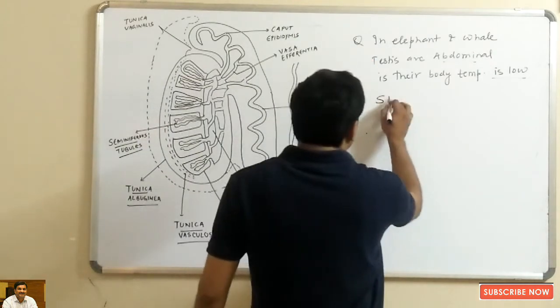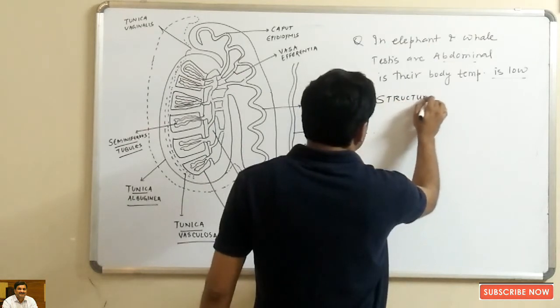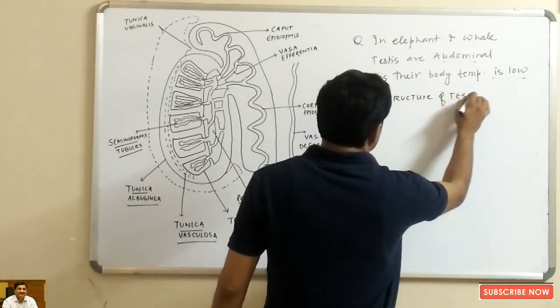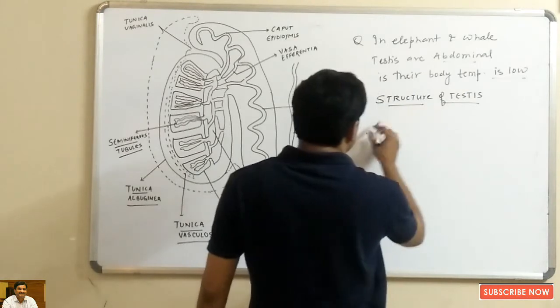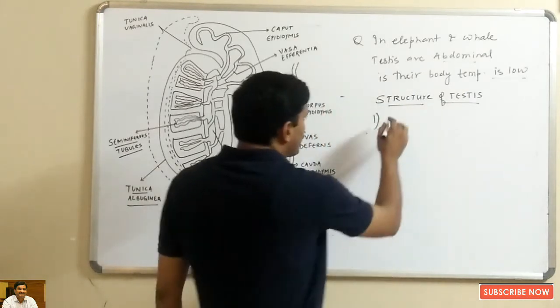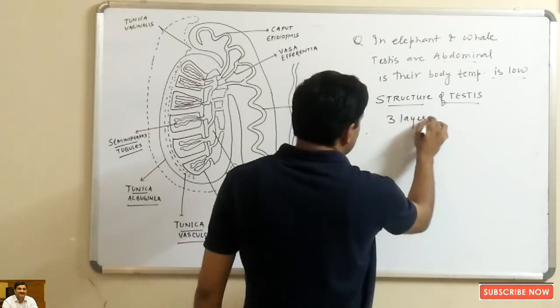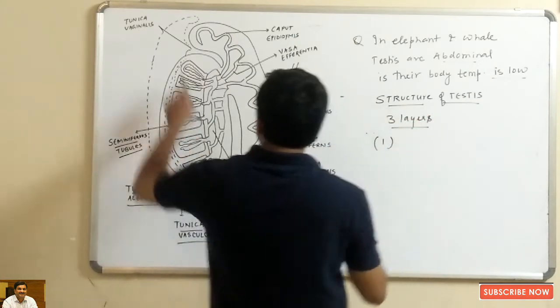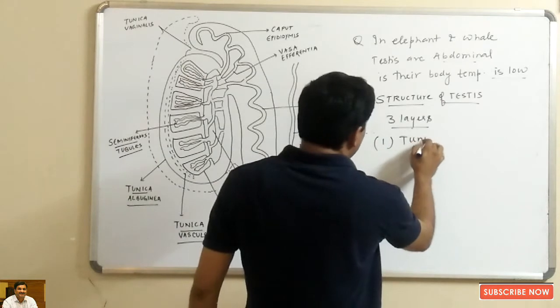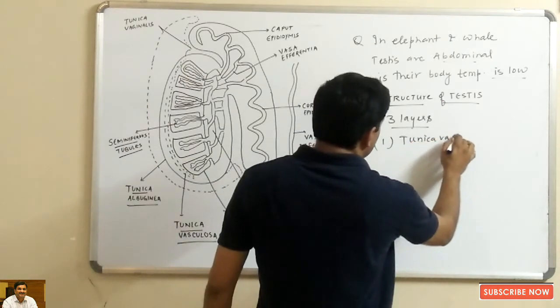Now have a look at the structure of the testes. A testis is surrounded by three layers. The outermost layer is known as the tunica vaginalis.